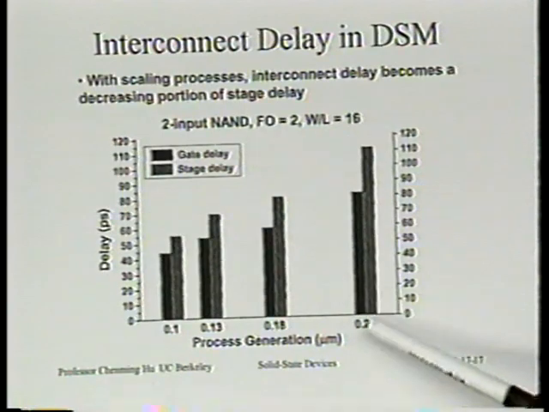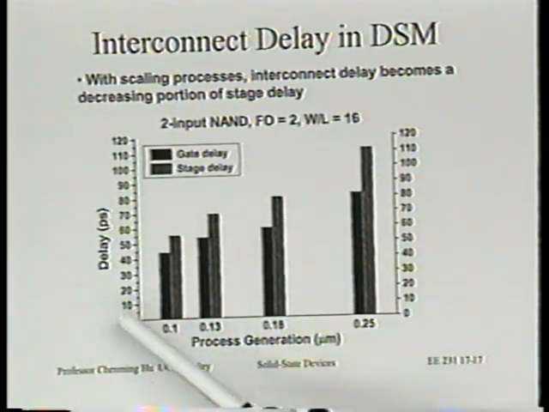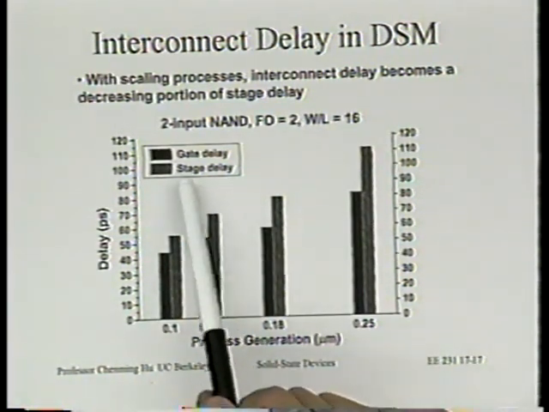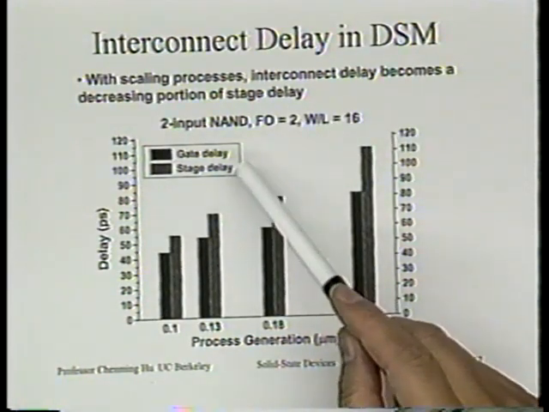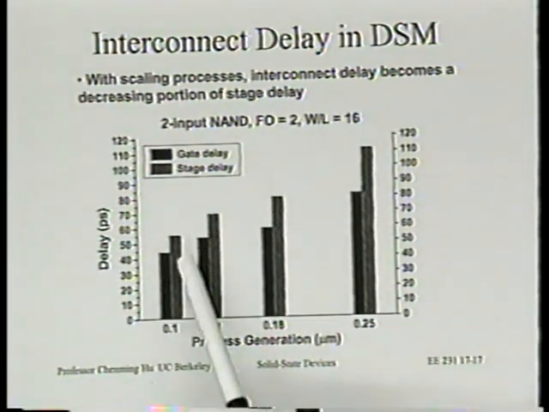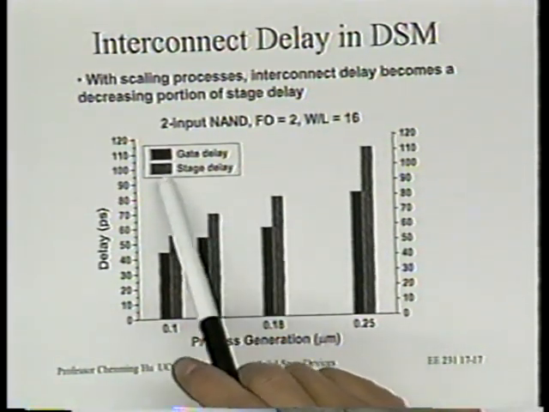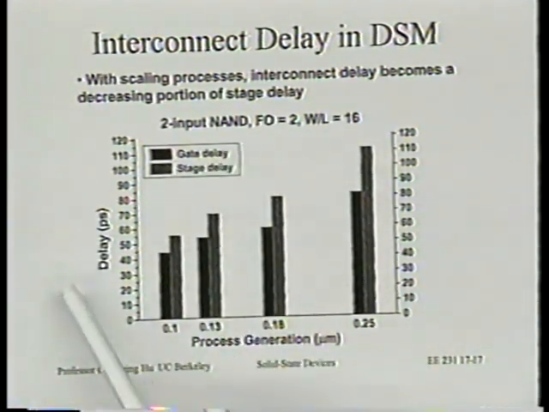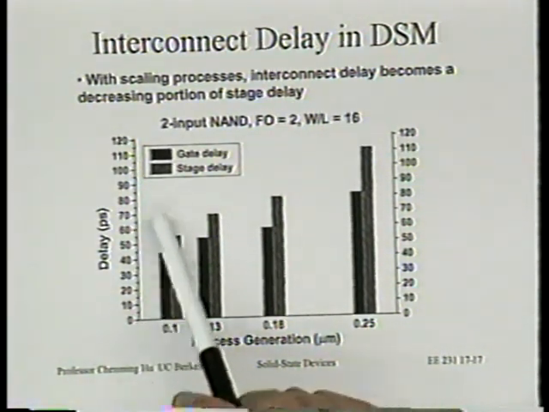So here we are plotting several things against technology generation. Let's look at the left-hand side, which is the delay. It's the same scale, left and right. There are 2 bars. The darker bar is the gate delay, the lighter bar is the stage delay.